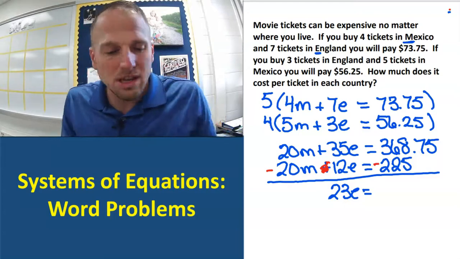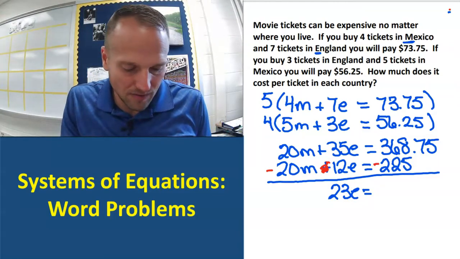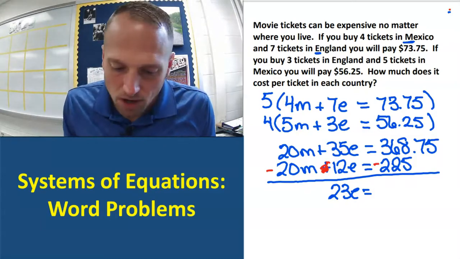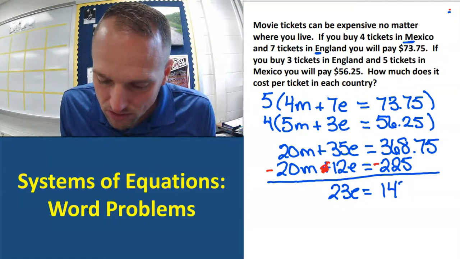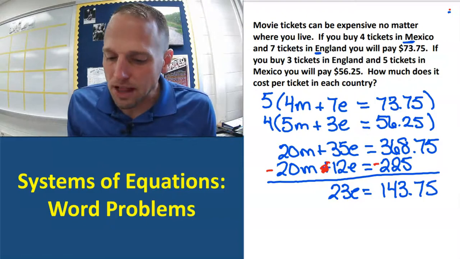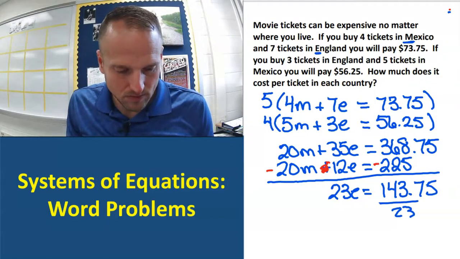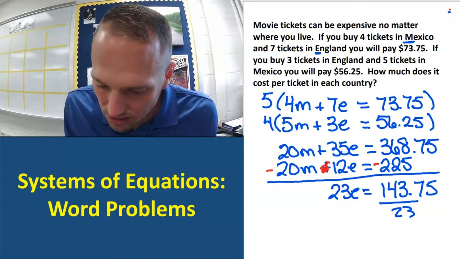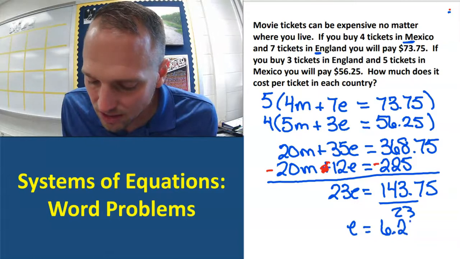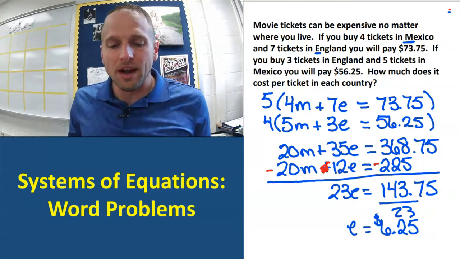And 368.75, let's see what that is, minus 225 equals $143.75. Okay, last step, divide by 23. And we're going to get $6.25. So in England, the ticket is $6.25.